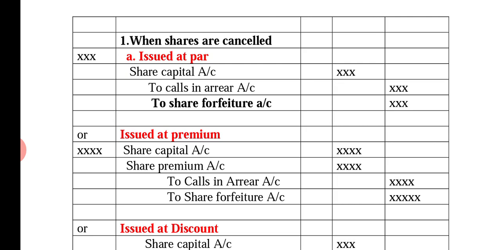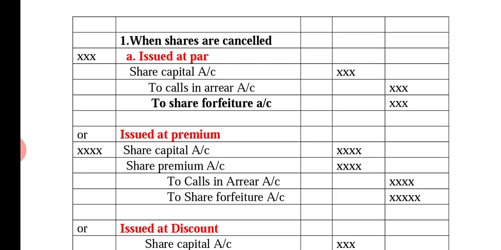Second call is not called for payment. So the called up amount is application amount 2, allotment amount 3 and first call amount 2, total 7 rupees. So share capital account debit 7 rupees.